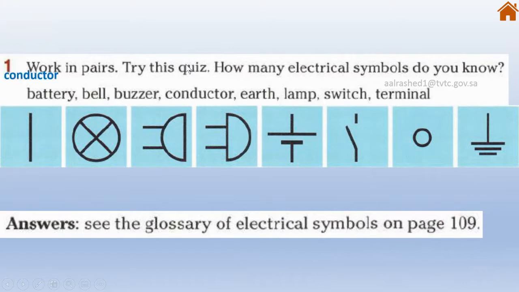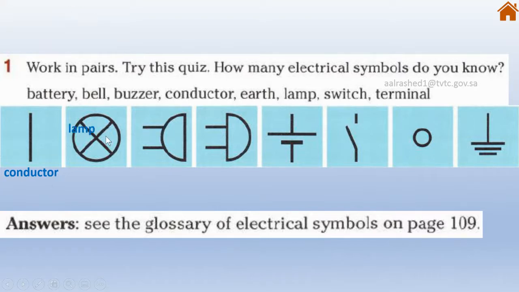The first one is the conductor. So this is the conductor. It works as an insulator that prevents, not insulator, it connects the electricity from one point to another. If you want to transfer the electricity, you need a conductor. An example of a conductor is the wire.